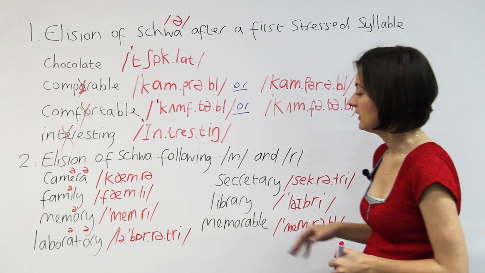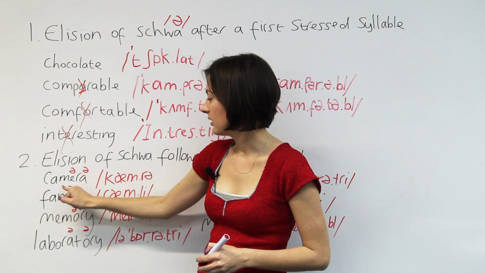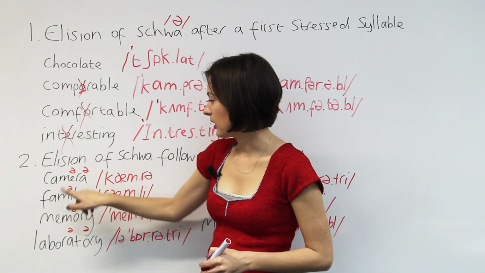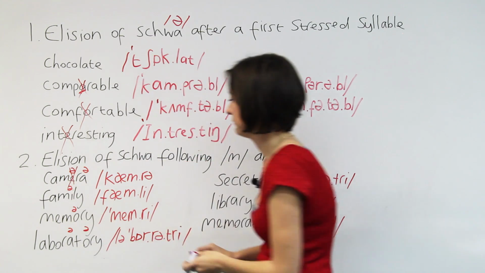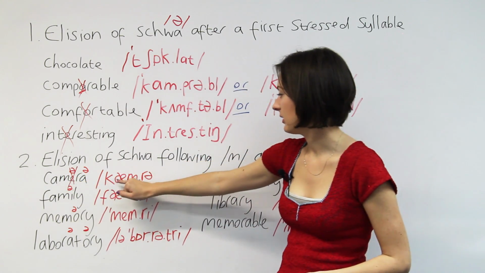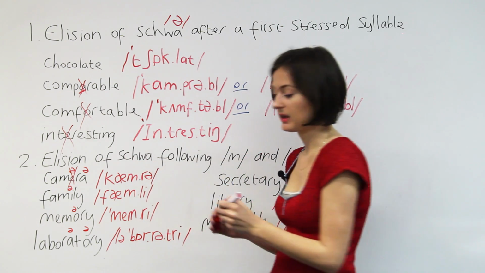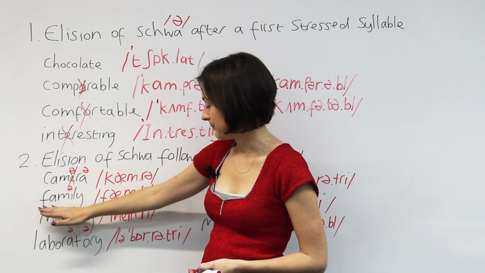Let's have a look. So having a look at the word camera, after the M, elision of schwa. Not saying it, in other words. So it becomes camera, not camera. Next word, family.